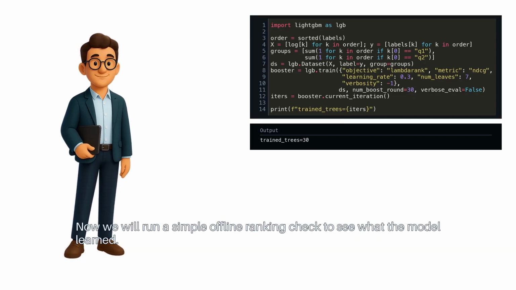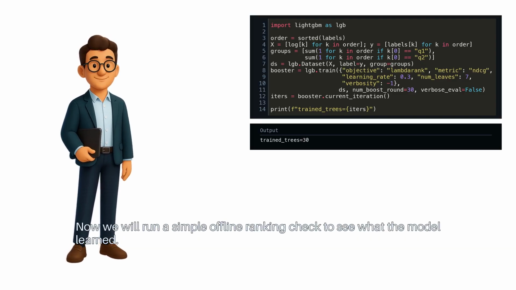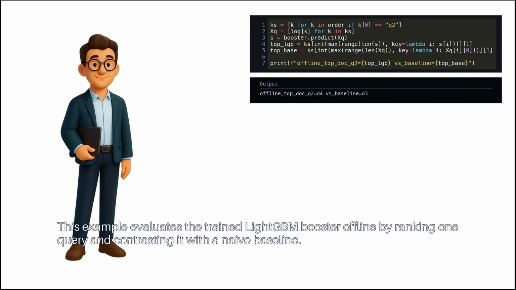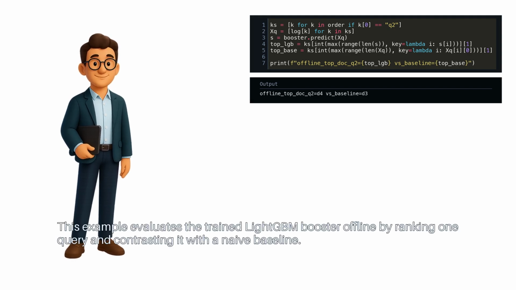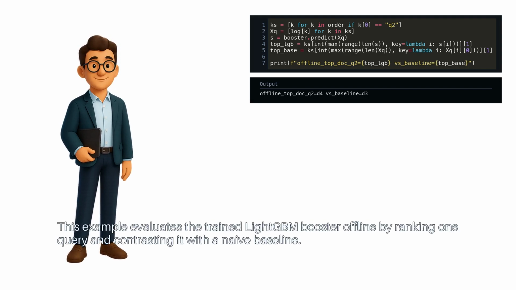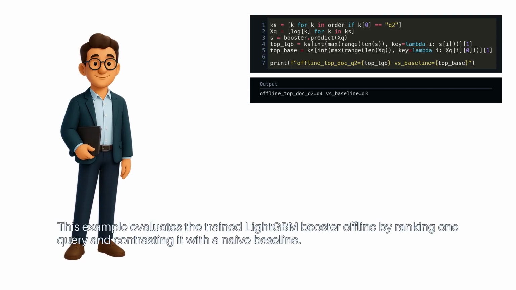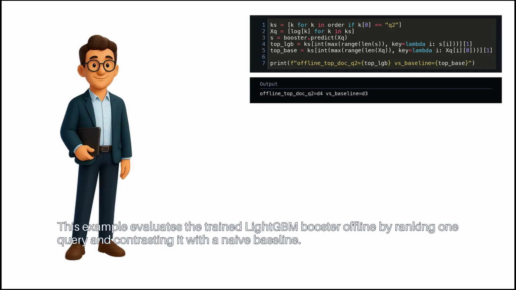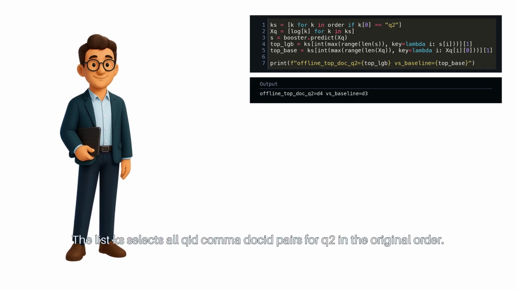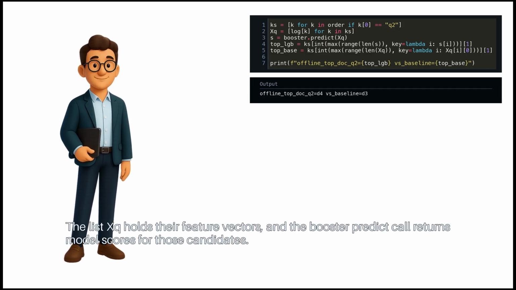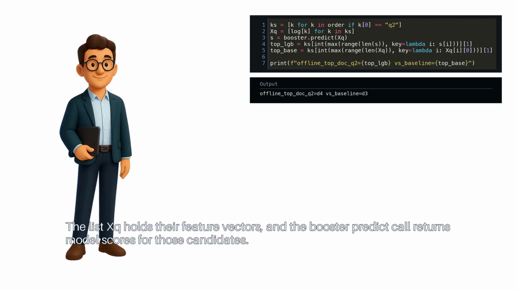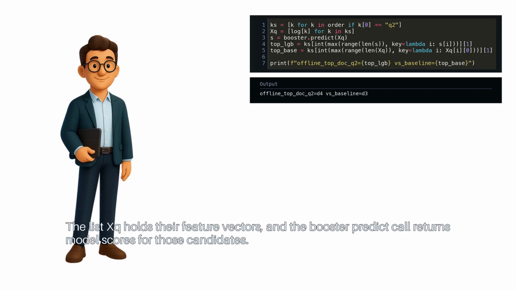Now we will run a simple offline ranking check to see what the model learned. This example evaluates the trained LightGBM booster offline by ranking one query and contrasting it with a naive baseline. The list KS selects all QID, docID pairs for Q2 in the original order. The list XQ holds their feature vectors, and the booster predict call returns model scores for those candidates.